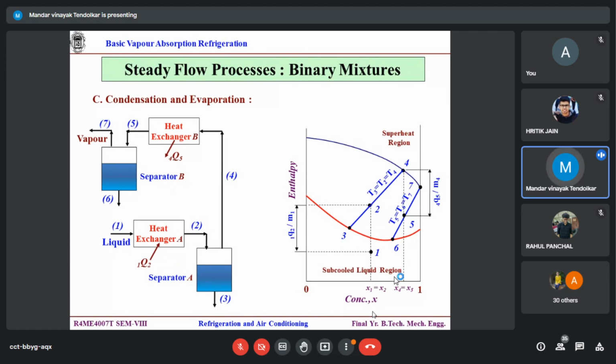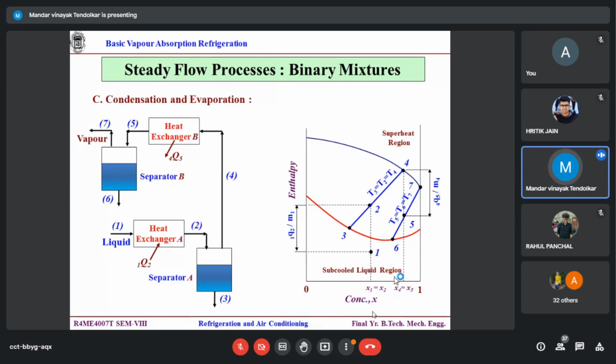The first part is to add the heat, assuming that it is a subcooled liquid. After that, everywhere we will be rejecting the heat. So Q4,5, similarly, let's say you get 6 and 7, and 7 is not at x equal to 1. Then again heat rejection. So your heat exchanger B and any further heat exchanger will be the heat rejecting part.